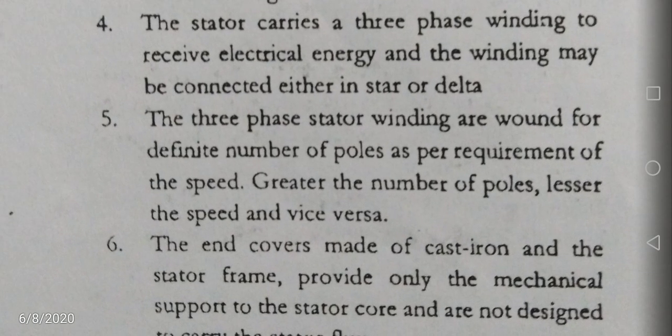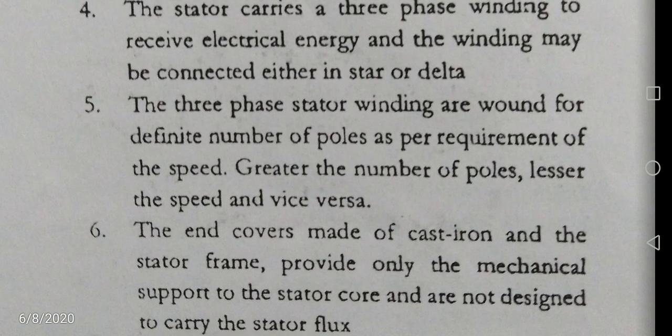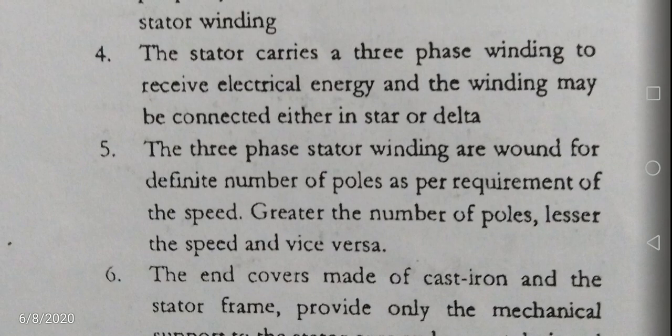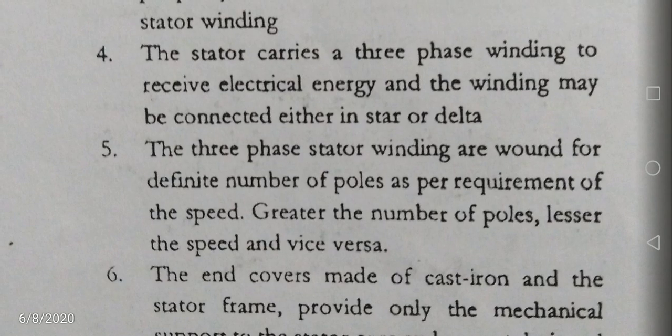The three-phase stator windings are wound for a definite number of poles. This is very important. The stator winding is designed for a definite number of poles as per requirement. If the number of poles is increased, then speed is decreased. So we design for the required number of poles.